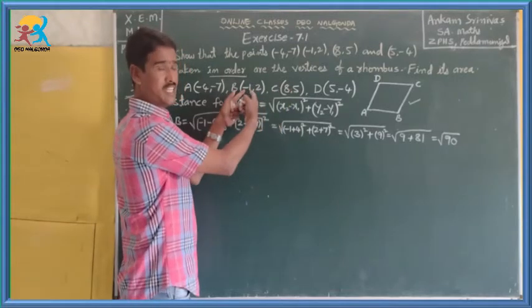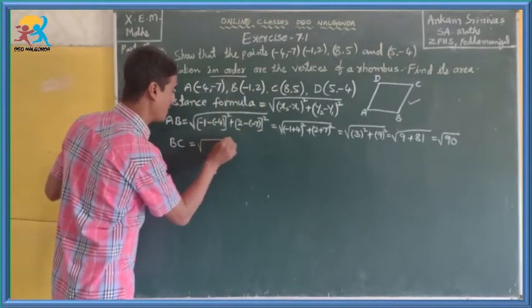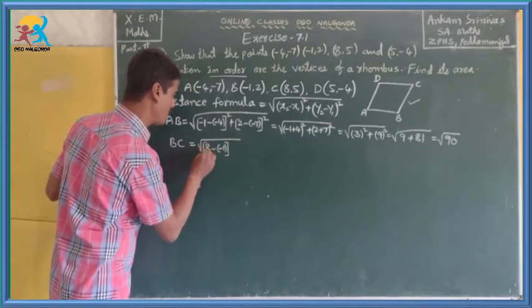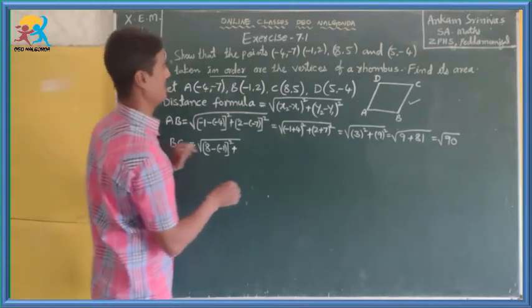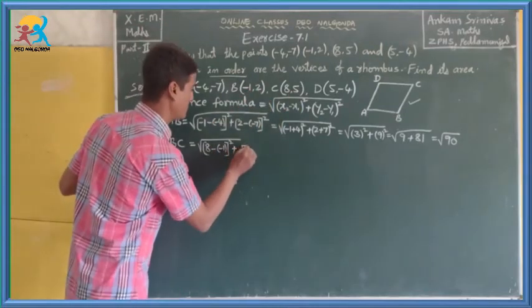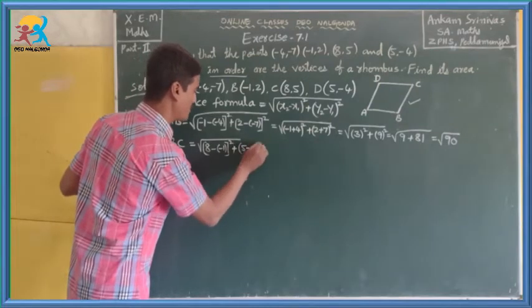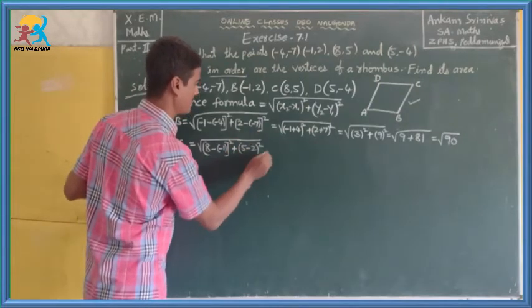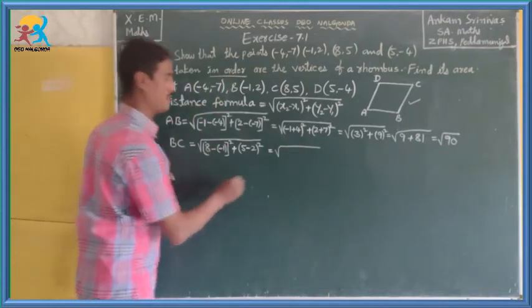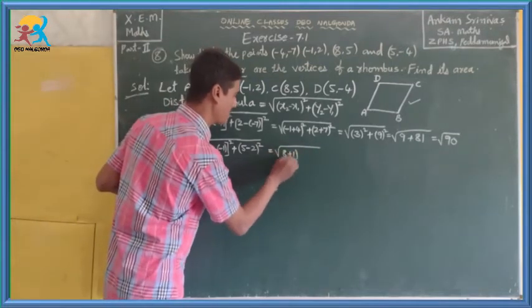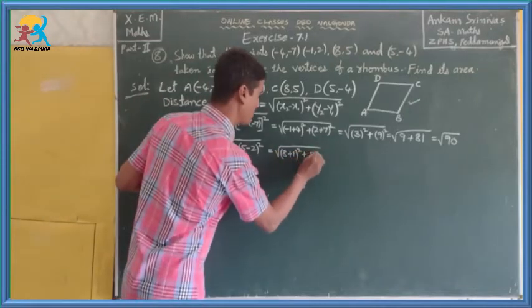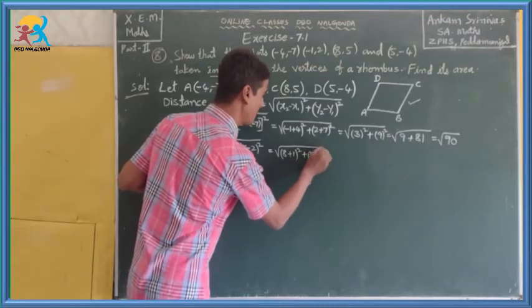Square root of 8 minus of minus 1 whole square plus 5 minus 2 whole square, equals square root of 8 plus 1 whole square plus 5 minus 2 whole square.